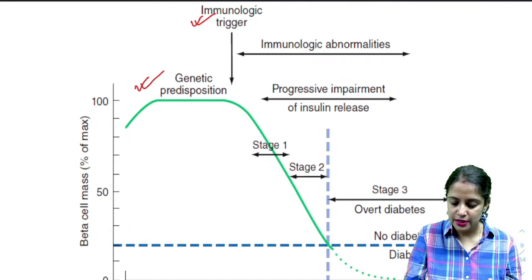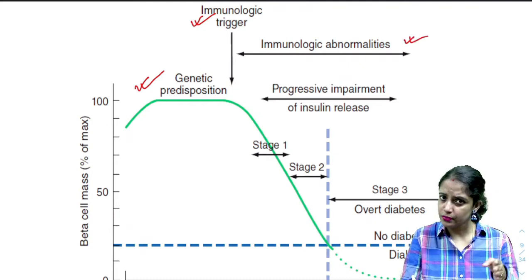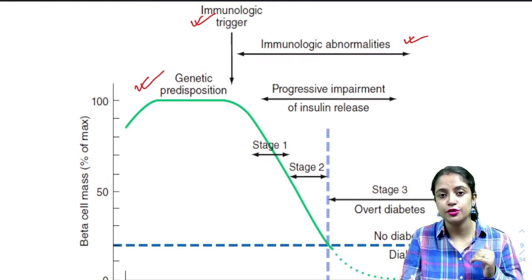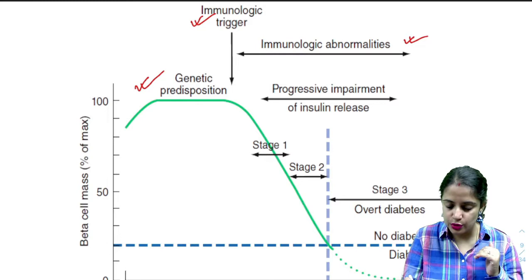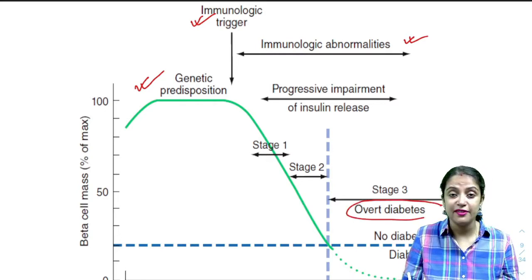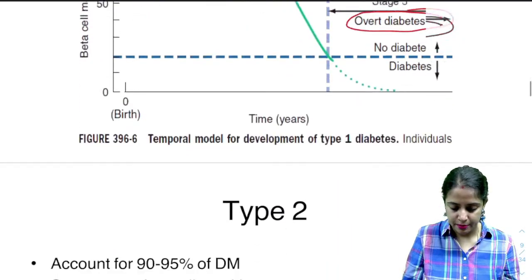Ultimately, this results in immunological abnormalities and progressive impairment in beta cell function. Then the beta cells will be destroyed and will not be able to produce insulin. Ultimately, the patient will develop overt diabetes over a period of years. This is about the pathophysiology of type 1 diabetes.